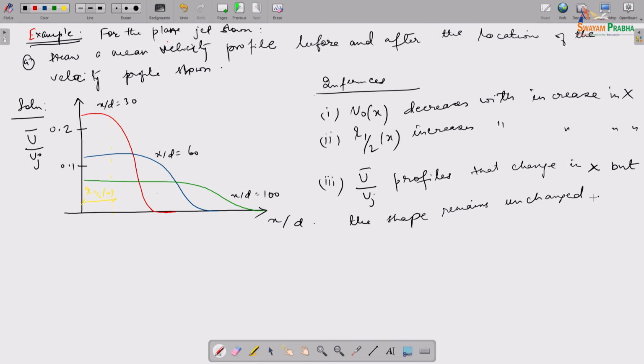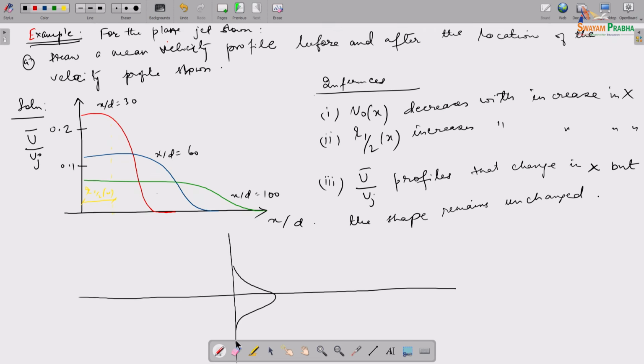Okay. So, then let me draw this figure here. Okay. So, let us just say this is what is given. Okay.